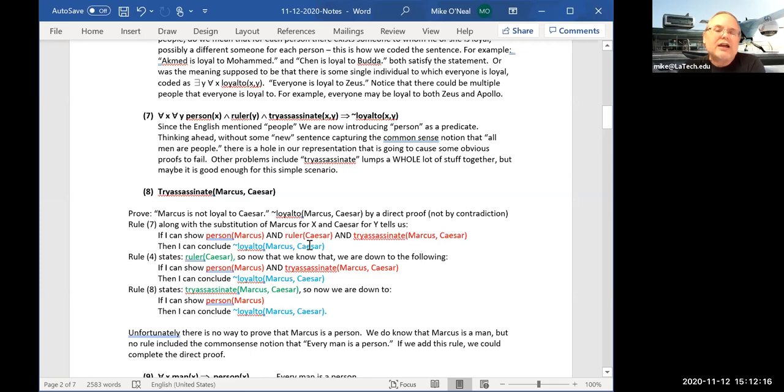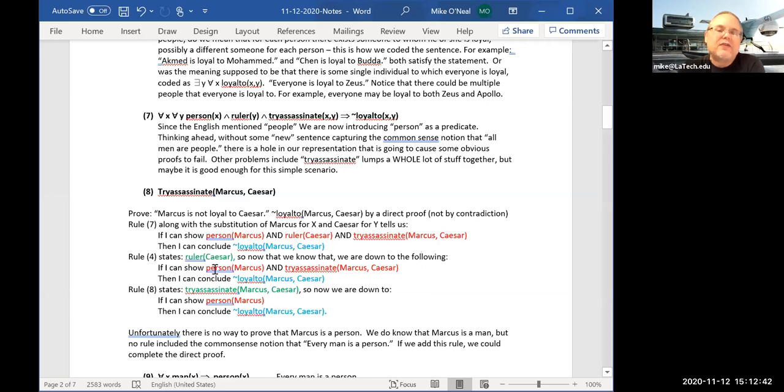So first off, I can knock out that Caesar is a ruler. How can I do that? Rule 4 says that Caesar is a ruler, right? So now I've checked this off. It's now green. Okay, so what's left for me to prove to conclude that Marcus is not loyal to Caesar?